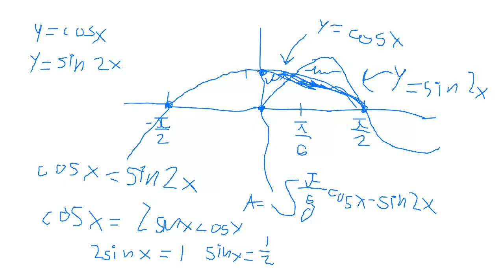For our second one, sine of 2x is greater, so sine of 2x minus cosine of x, from pi over 6 to pi over 2.